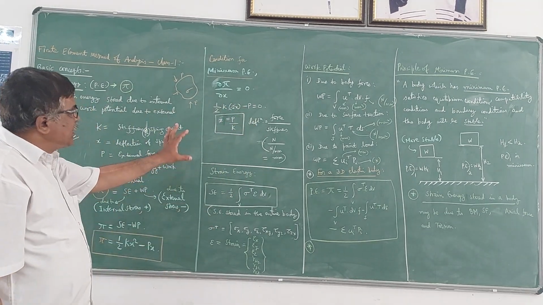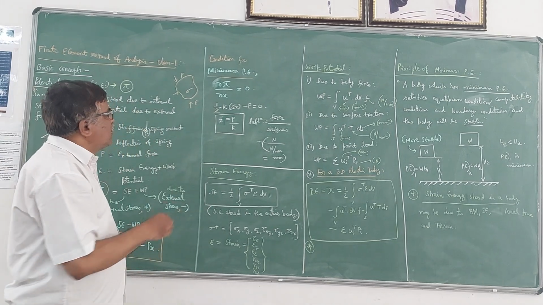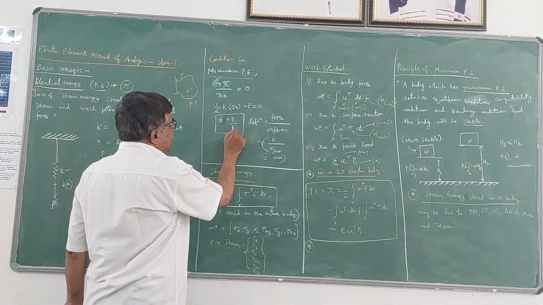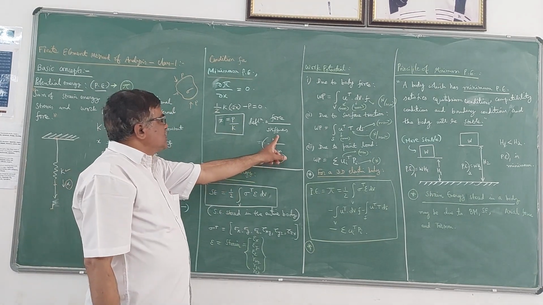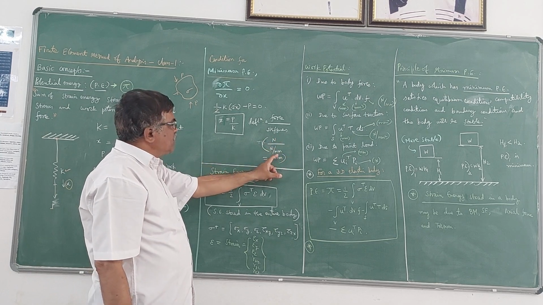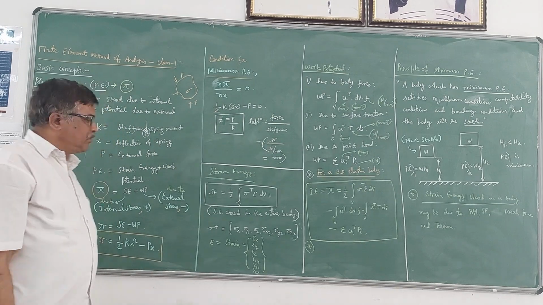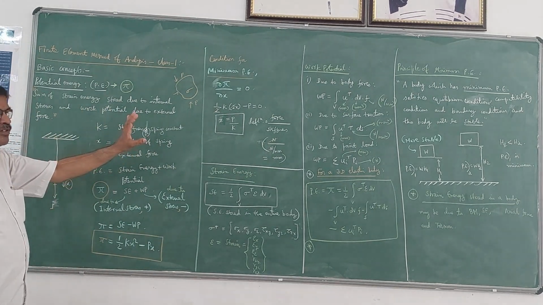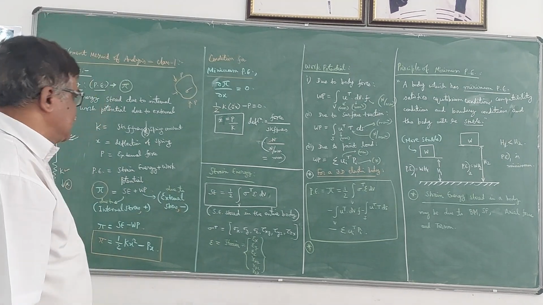This is the expression for the deformation of a simple spring element: force divided by the stiffness coefficient. Force is expressed in Newton, stiffness coefficient in Newton per mm, so x is expressed in millimeter. So this is a very simple illustration of minimum potential energy.